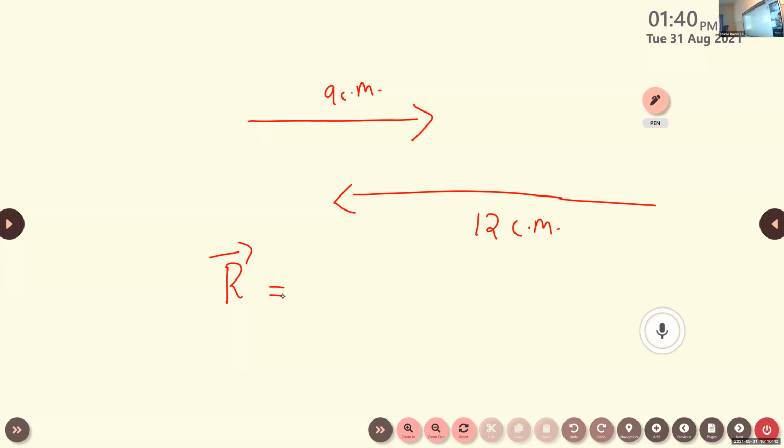Yes, Shabarinath, what about the resultant vector in the present case? 3 centimeter. It is 3 centimeter. That is the difference in magnitude between these two vectors.